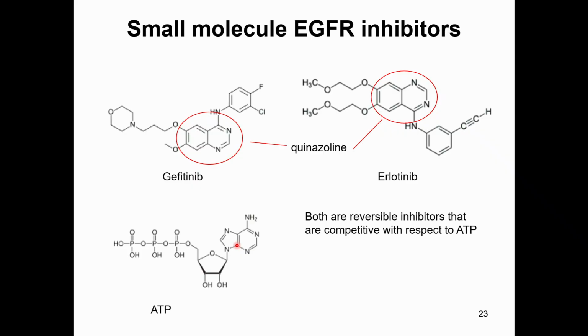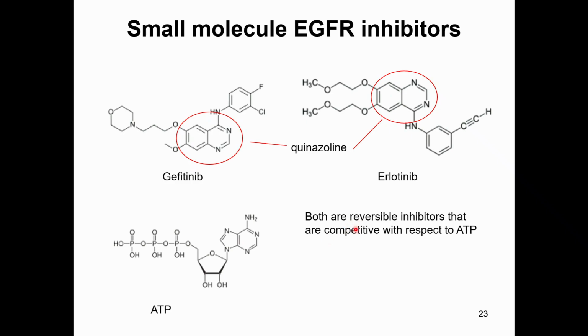There are also small molecule EGFR inhibitors, so these are not biologics. Here are a couple of them, gefitinib and erlotinib, and you can see that they have structures with a lot of aromatic rings in them, but they are actually inhibiting ATP or mimicking ATP to some degree.